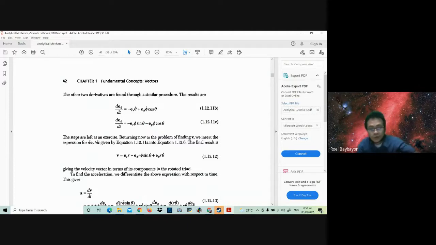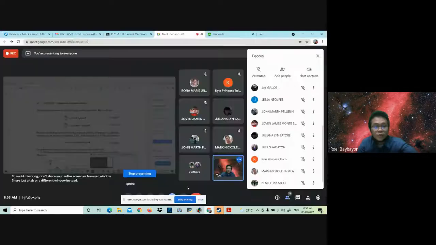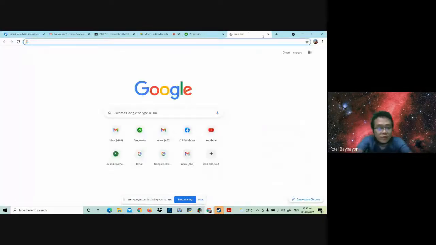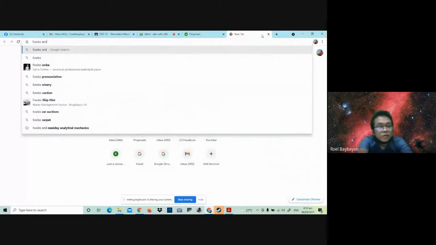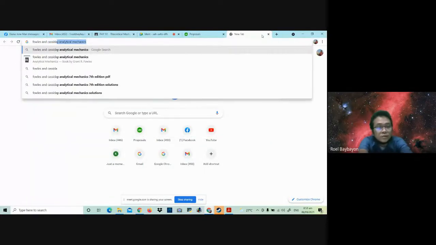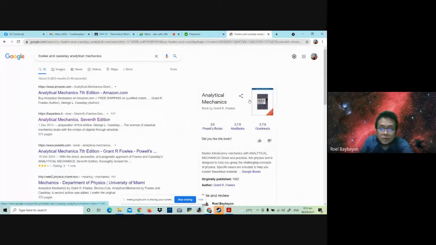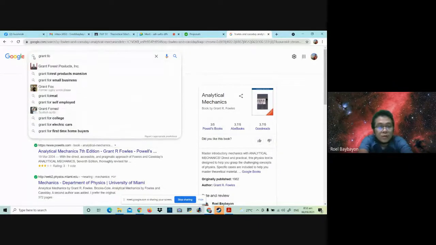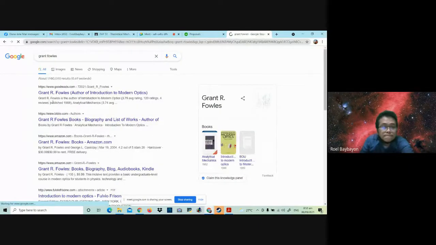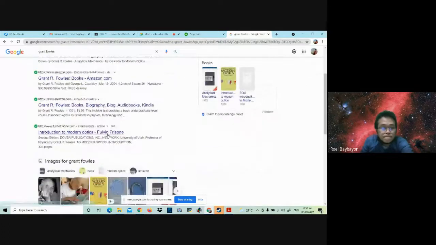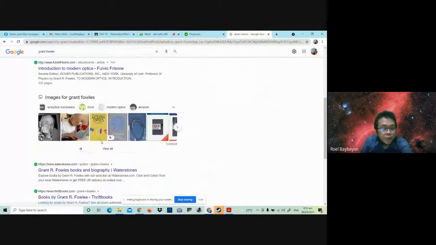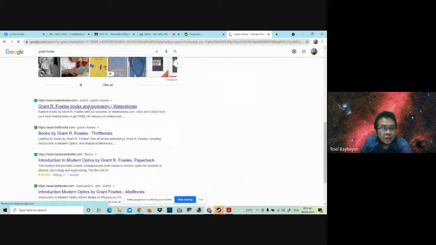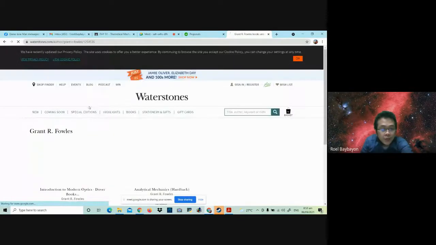Buhi pa ba ni si Fowles? Ano ko? Buhi pa siguro ni siya. Grant Fowles. Buhi pa man siguro ni siya. Si Grant Fowles. O, patay na rin eh.